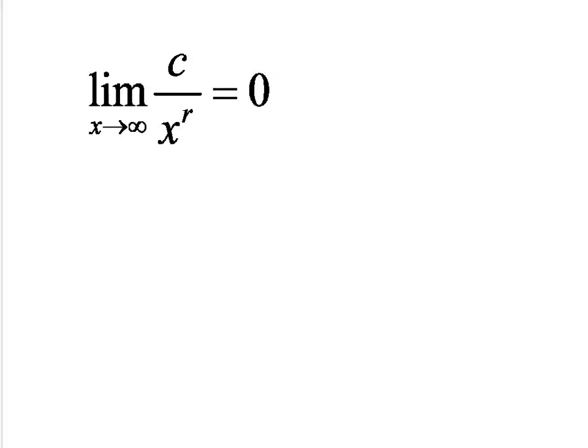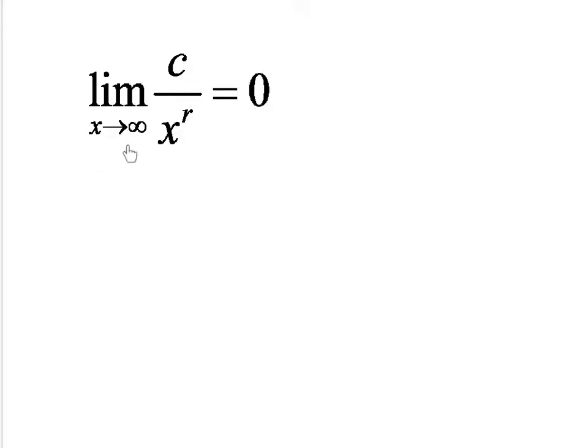Limits as x goes to infinity. By definition, if you take the limit of any power of x, if x is in the denominator of a fraction, as x goes to infinity, that limit is 0. As we know, as the denominator of a fraction gets larger and larger, the value of our fraction becomes closer and closer to 0.